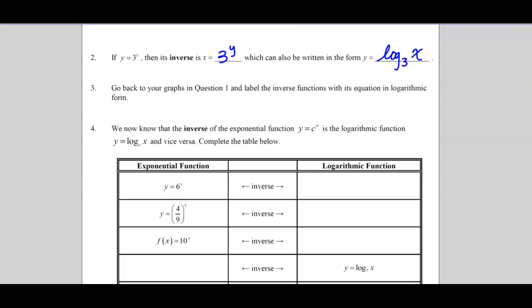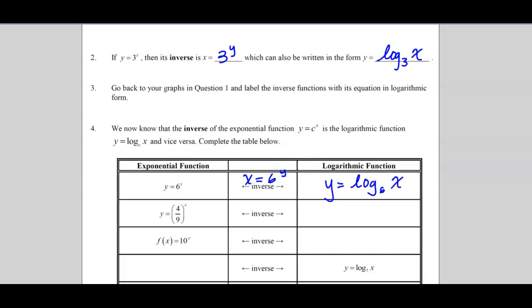Listening, please. So we know that the inverse of the exponential function y equals c to the x is the log function y equals log base c of x. So for the inverse here, I'm just going to do my initial step, and then you don't have to. The log function is y equals log base 6 of x.